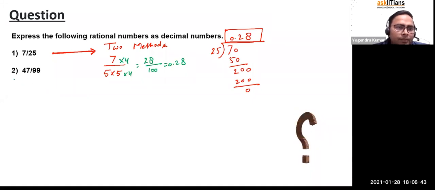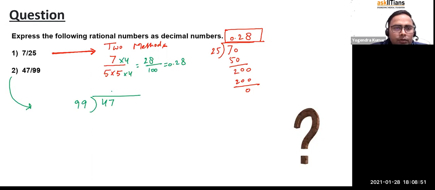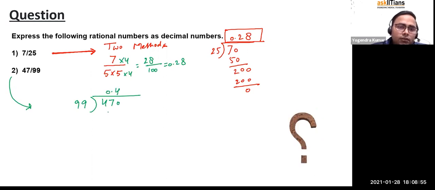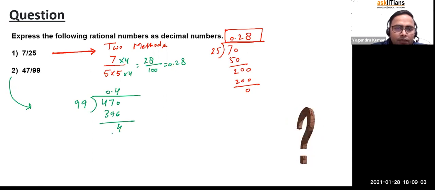This is simple. Now this example, 47 divided by 99. 99.0, how many times will it go? 4 times, 396. Now 4 here, and then 7 here, right? Now again 0.